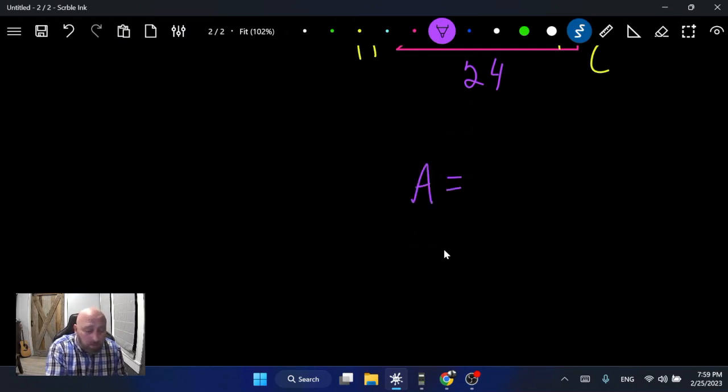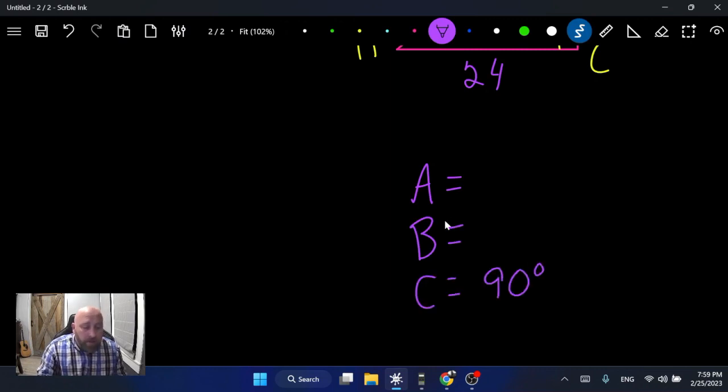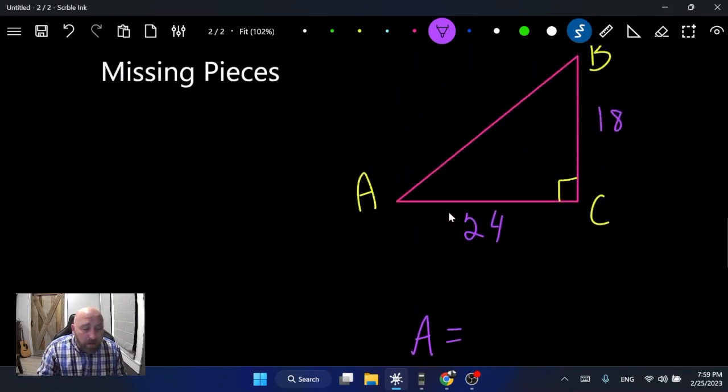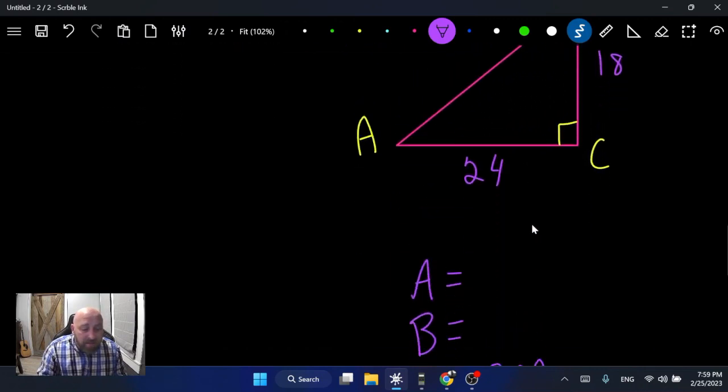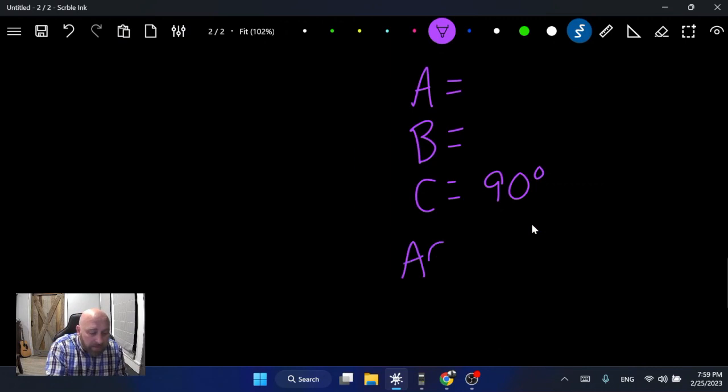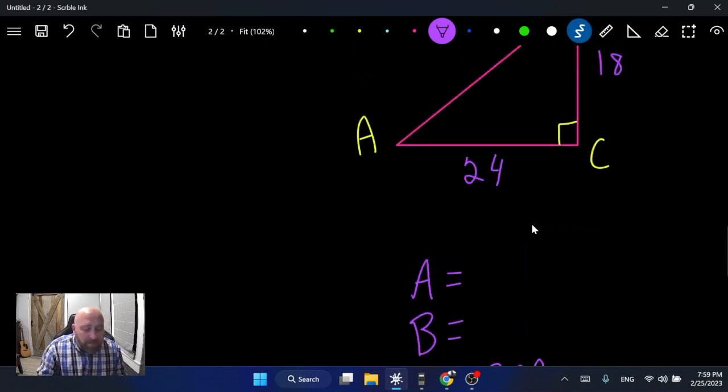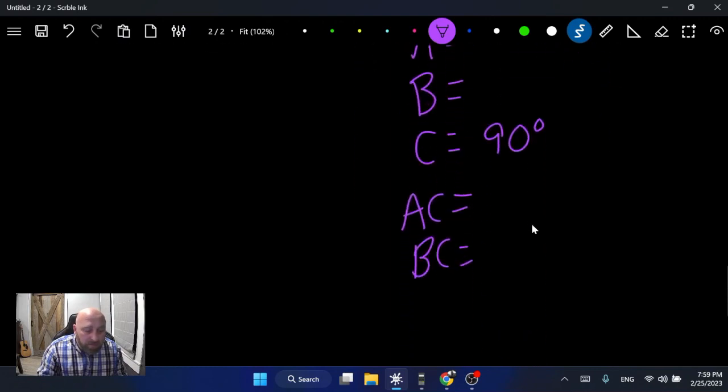That's an angle. We need to know what B equals. C, we know that C is 90 already, so that one's easy. And we already know AC and BC. So AC is 24 and BC is 18.